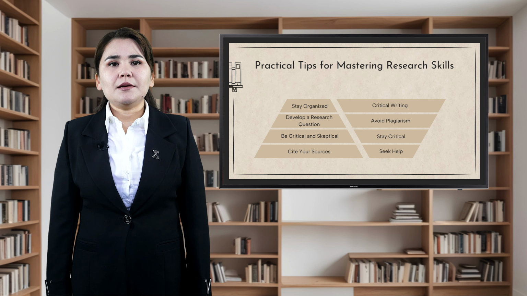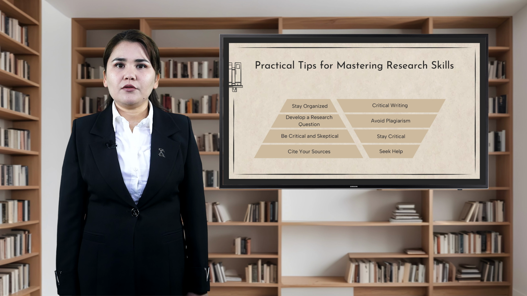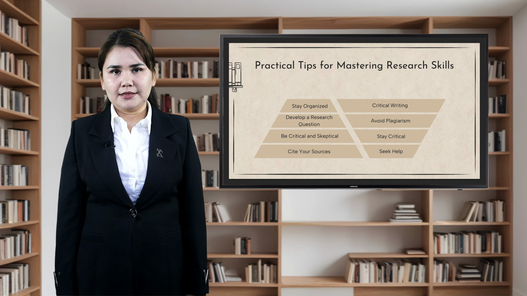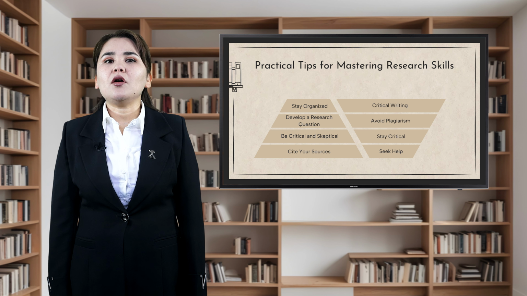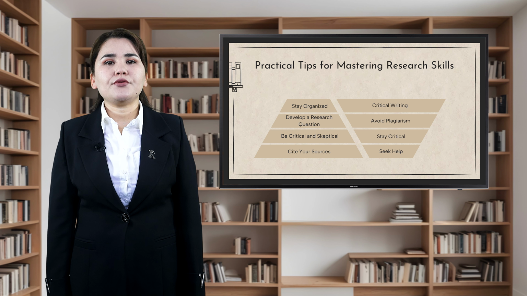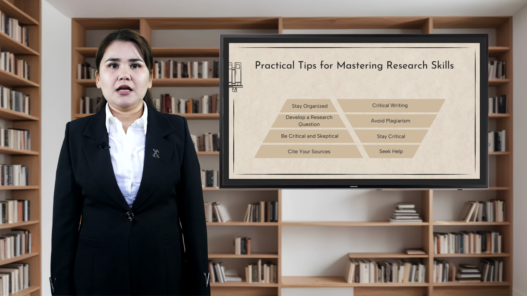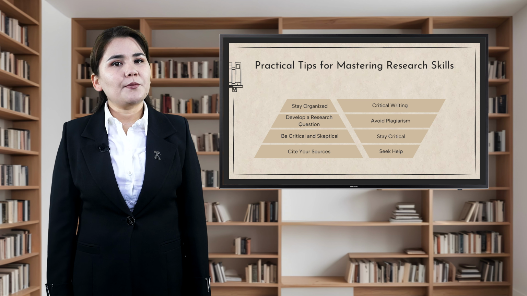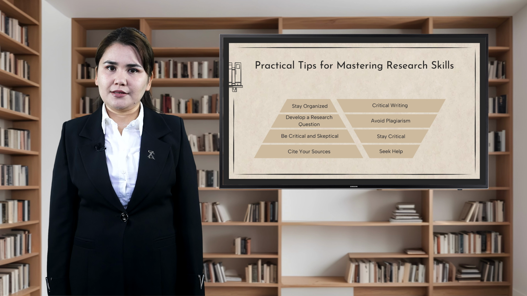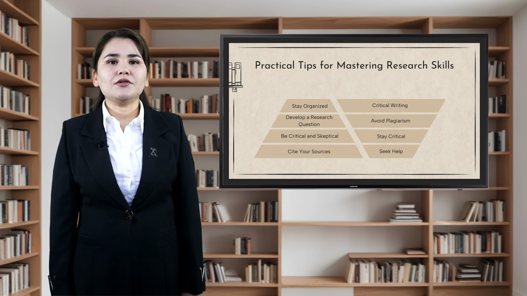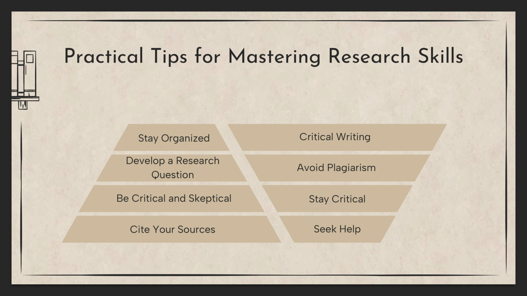I can number some practical tips for mastering research skills. They are staying organized, developing a research question, being critical and skeptical, citing your sources, practicing, and critical writing. Avoiding plagiarism, staying critical, and seeking help.